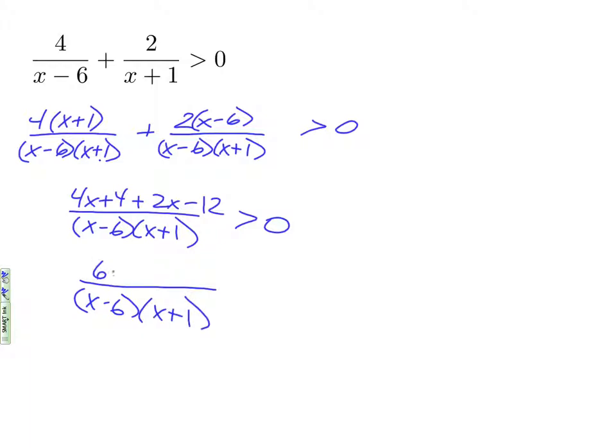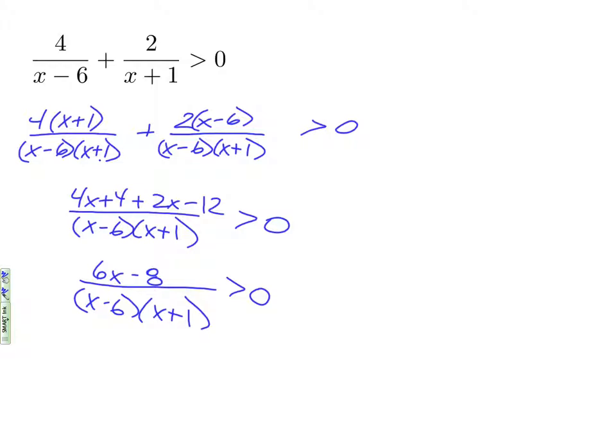Like terms gives me 6x and negative 8, or minus 8. And at this point, we're going to be able to see what we need to go to the number line with. Kristen? Do we have to keep putting the x minus 6 and the x plus 1 underneath it? They have to stay there, yes. Okay.